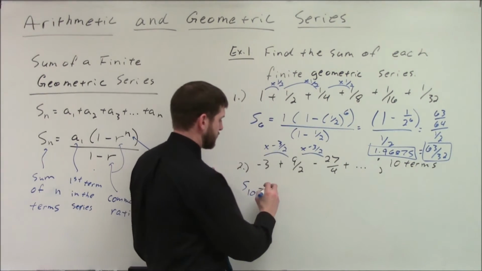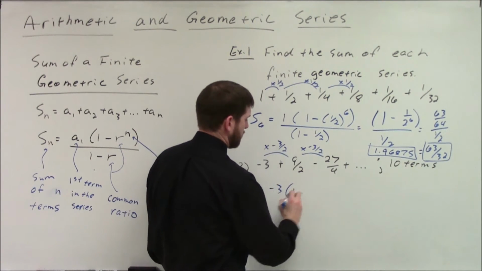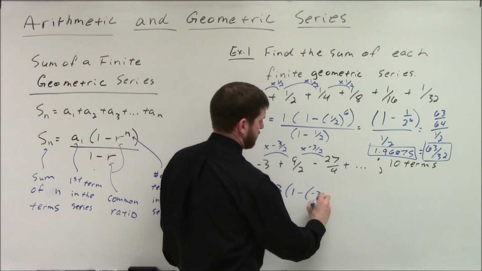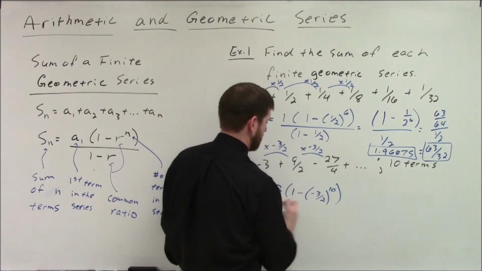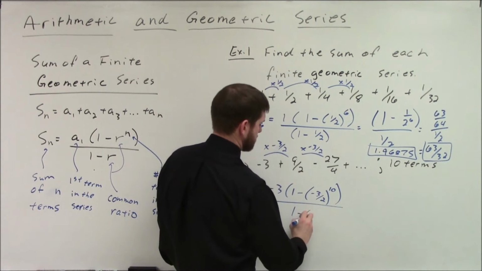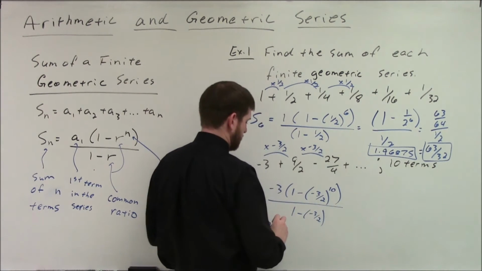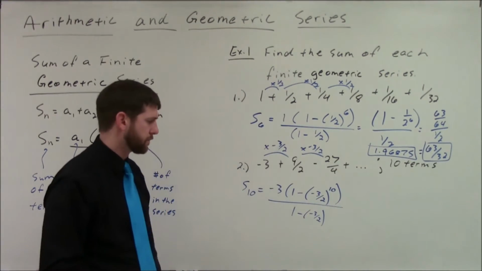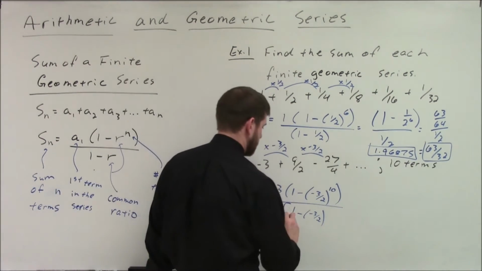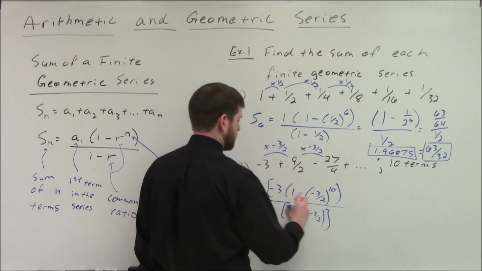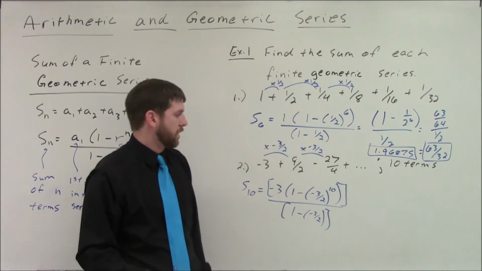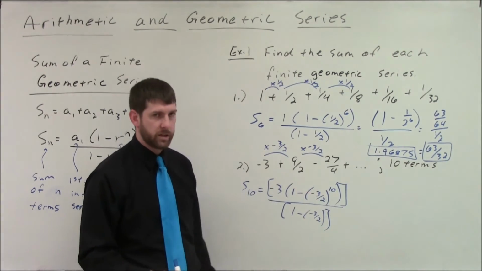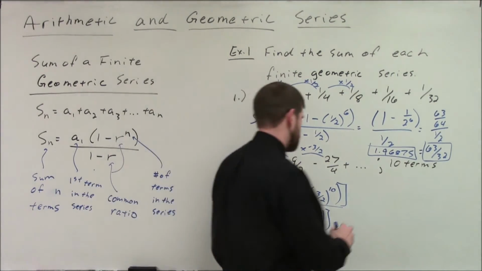So we're going to A1, first term, times 1 minus that common ratio, raised to the number of terms, which is 10, all over 1 minus the common ratio. Again, this one, punch in the calculator, make sure you group your numerators, group your denominators, group your fractions, all that good stuff. You can calculate it piece by piece or all at once.